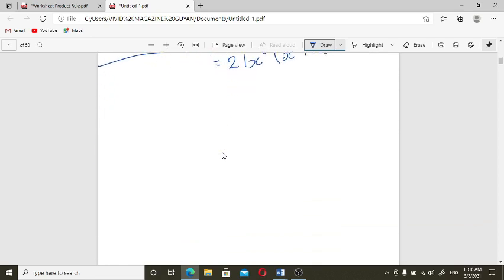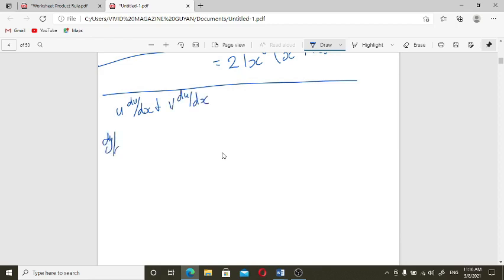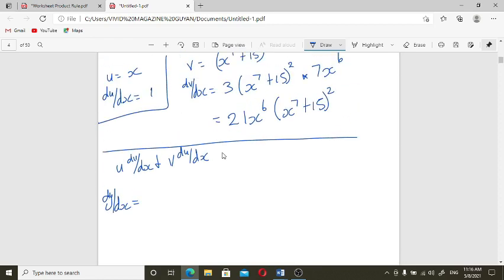So u dv dx plus v du dx. dy upon dx is equal to u, which is x, times dv dx, which is 21x to the 6th, which is multiplying (x to the 7th plus 15) squared.